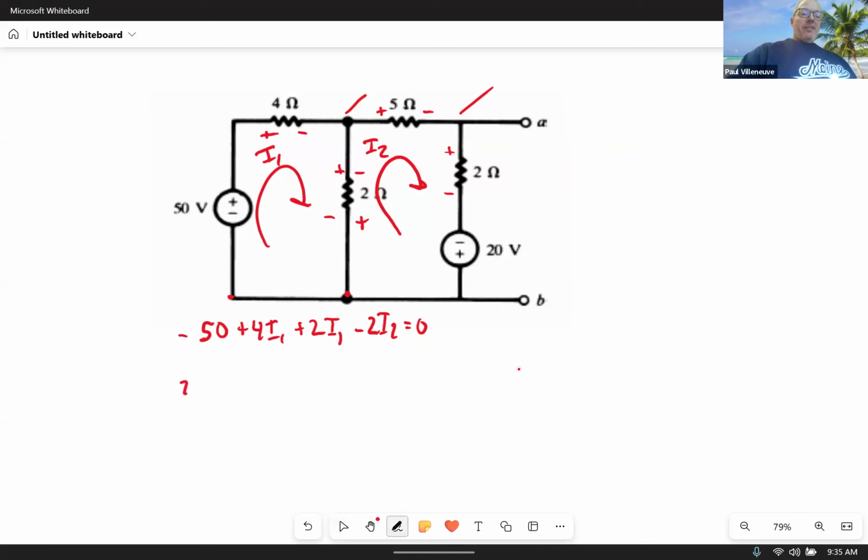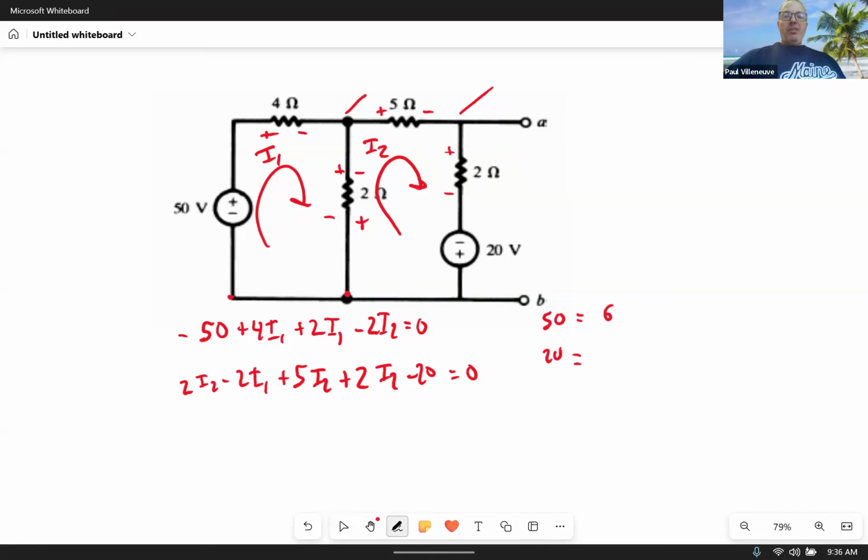So we have 2I2 minus 2I1 plus 5I2 plus 2I2. And in the direction of current, the 20 volts is increasing, so that's a negative 20. And that's going to be equal to 0. Okay, I'm going to set up the equations. This is 50 and this is 20.